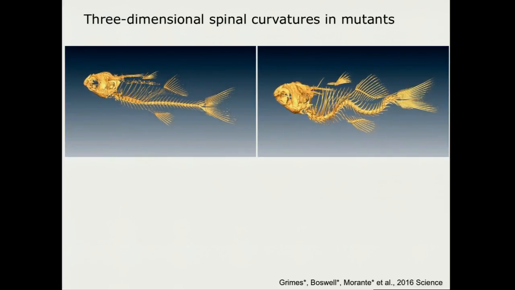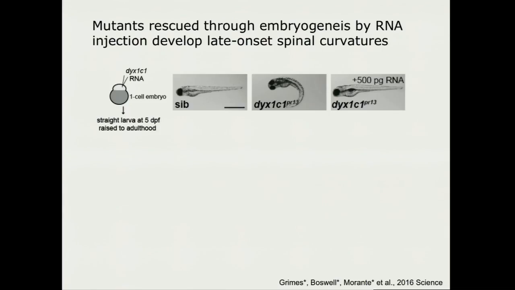So to answer this, we used CRISPR-Cas9 tools to make a mutant in the gene called DYX1C1. This is another gene which the Bedine lab and others have previously implicated in cilia motility. And you can see in the middle panel that the DYX1C1 mutant does have cilia immotility, and it has the expected phenotypes. It has that early curvature of the tail.